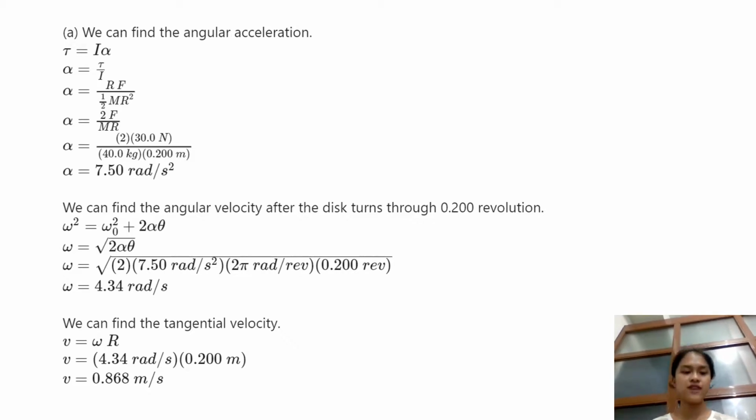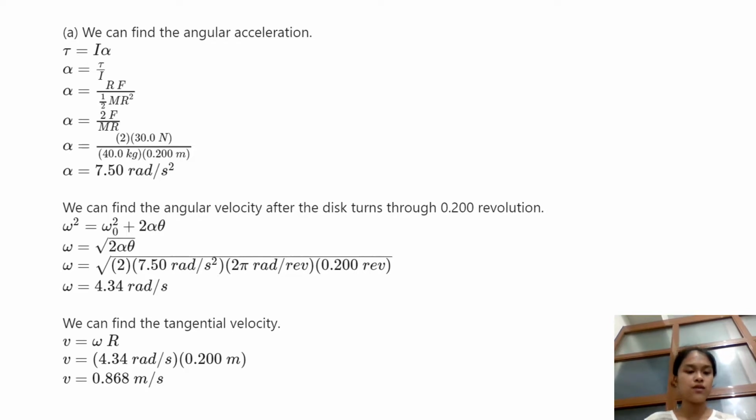Now we can find the angular velocity after the disc turns through 0.2 revolution. We get the angular velocity using the formula final angular velocity squared equals initial angular velocity squared plus 2 times acceleration times theta.